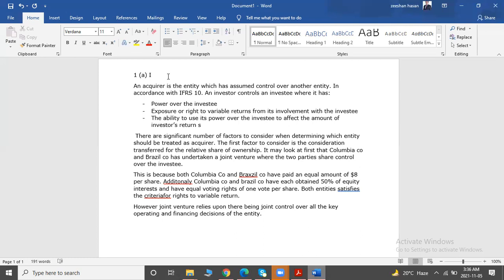The scenario does not indicate that unanimous consent is required, because decision-making responsibilities appear to be split between Brazil and Columbia.